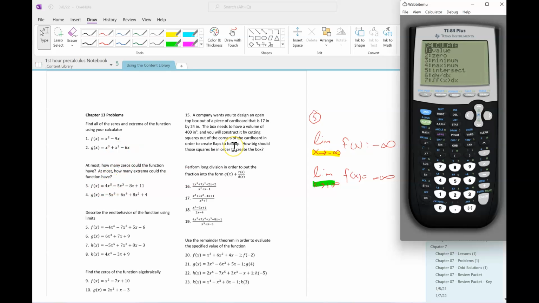So that can have at most 5 zeros. And it can have at most 4 extrema. Okay, so the extrema are 1 less than zeros. Yep. And again, the words at most are important, because at most 5 means it could have 5 zeros, 4, 3, 2, 1, or no zeros, right?